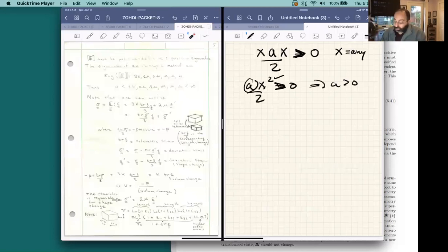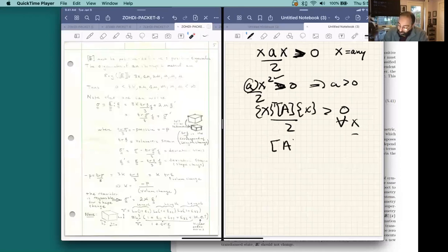That's just algebra. It is the same idea when we take a vector, x transpose, multiply it times the matrix A, multiply it times x, divide by 2, and then we say also this is bigger than 0 for all x. Well, guess what? That means that A is bigger than 0. But A is a matrix. So what does the implication of A bigger than 0 mean?